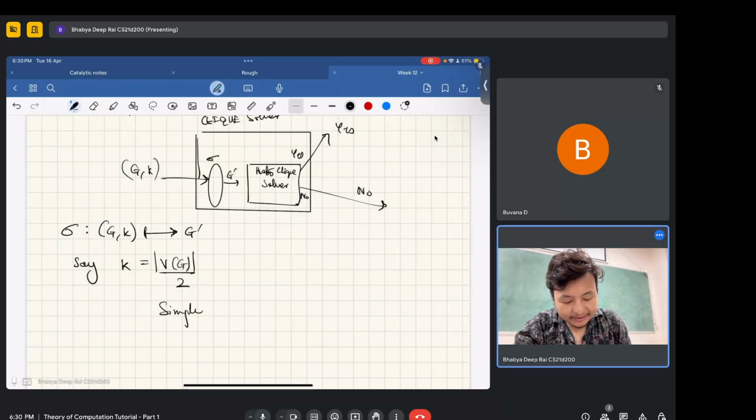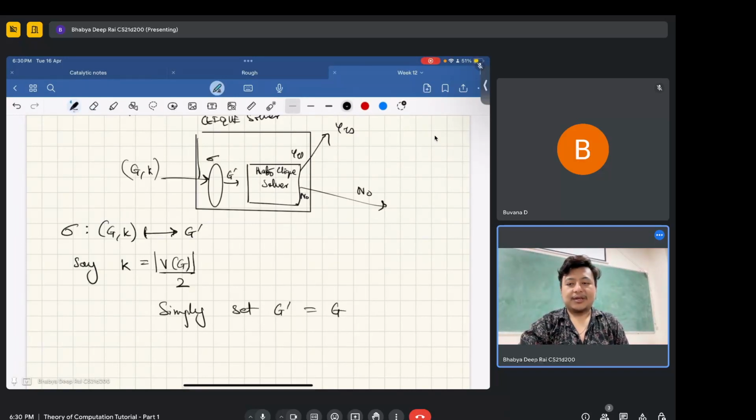Simply set G prime to be G, because G prime will tell whether there is a clique of size half the number of vertices or not, and then it will say yes. Then obviously the answer for the bigger graph, the original graph, will also be yes, because the question we were asking was the same, and the graph we are feeding is also the same.